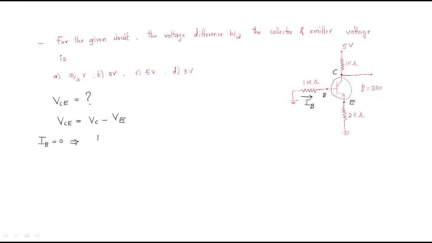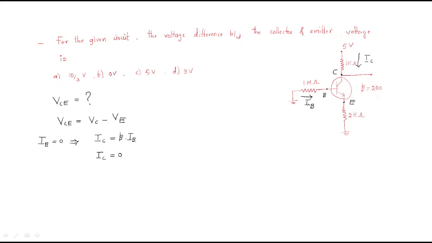You know the relation between collector current and base current: IC equals beta into IB. Substituting this, you will get the collector current also 0. That means there is no collector current.